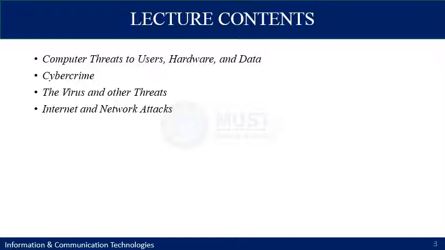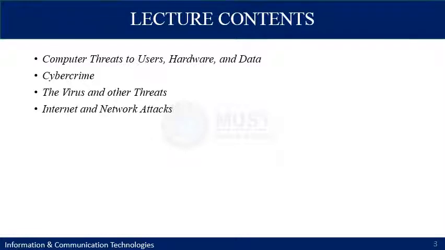Then we will discuss more about the internal threats that are planted using different kinds of viruses or malware. These threats can target a computer single-handedly, or can be employed over a network or using internet services.